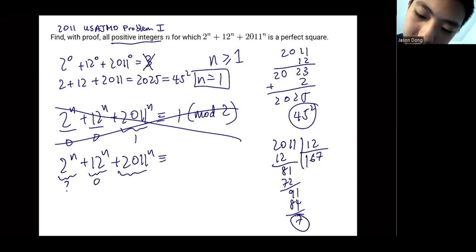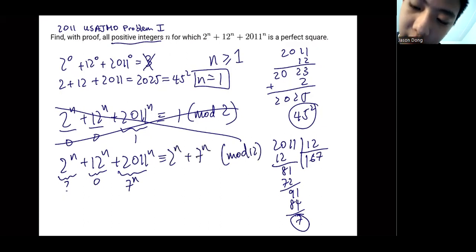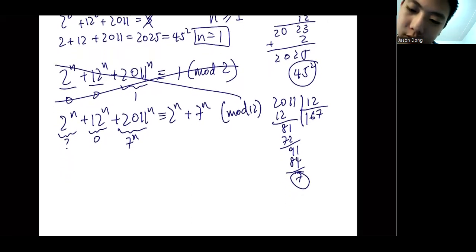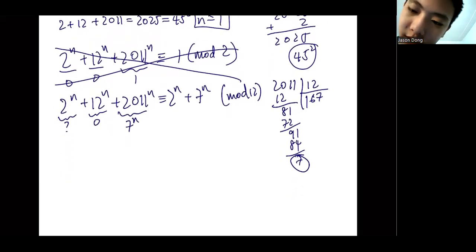So we would have 7 to the power of n. When we take mod 12, that will be equal to 2^n + 7^n. So now we have reduced our equation to this one. How can we proceed?